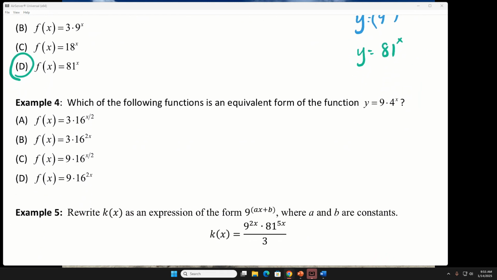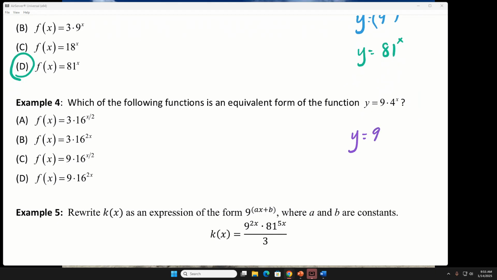All right. Now these you end up having like tons and tons of options. So I think that's why Brian Passwater wanted to make these multiple choice questions, just so you wouldn't just keep trying different things. So 4 you can write several ways, but if you look at your answer choices, how does he want you to write 4? What base? 16. So we have to figure out 16 to what power is equal to 4?